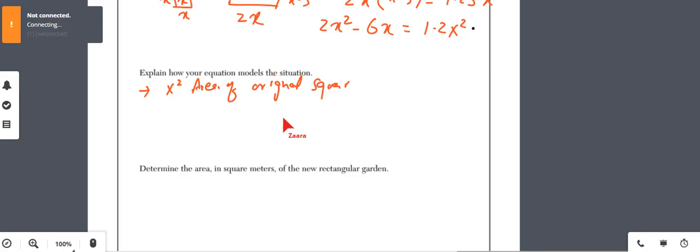And 2x squared minus 6x is representing the area of the rectangle. Got it?